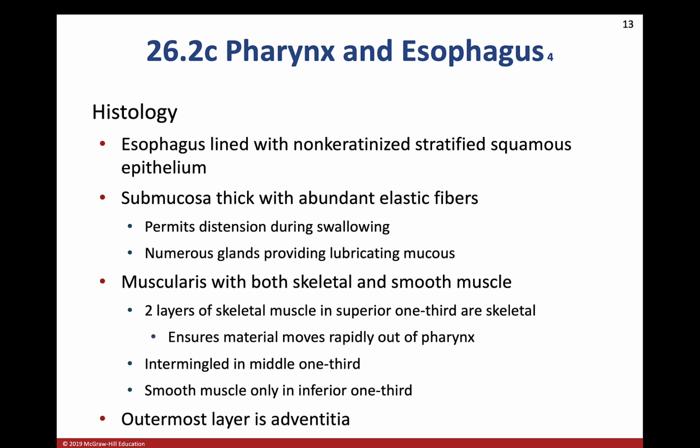Now, the muscularis is a little different because there is both skeletal and smooth muscle. There are 2 layers of skeletal muscle in the superior third, and this makes sure materials move rapidly out of the pharynx. The skeletal muscle becomes intermingled with smooth muscle in the middle third, and by the time you get to the inferior end of the esophagus, it is entirely smooth muscle.